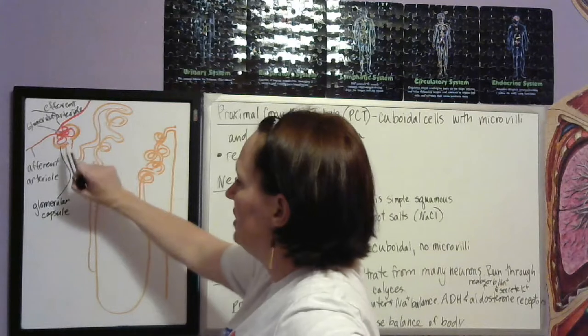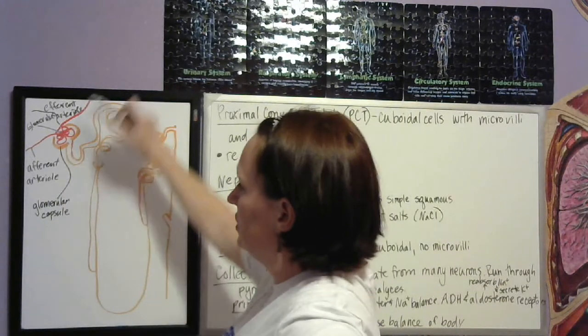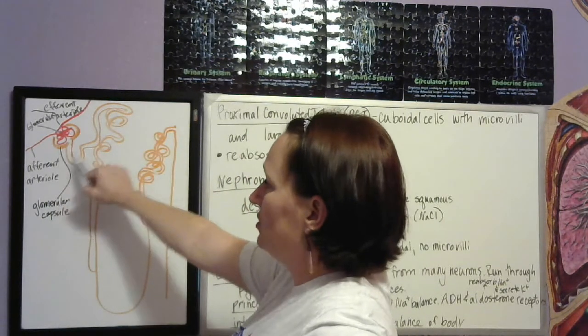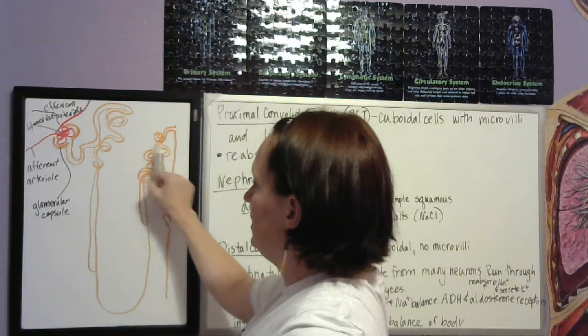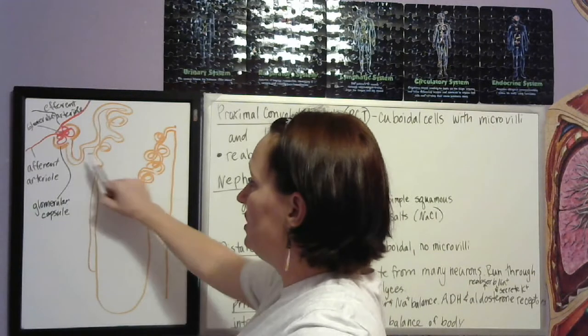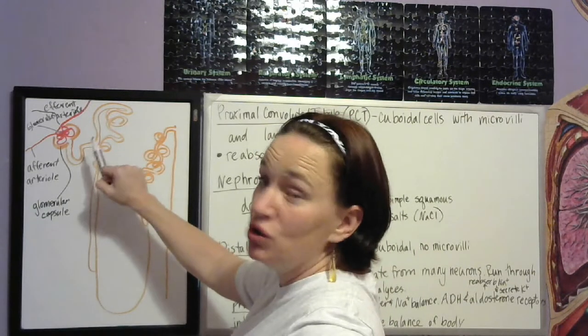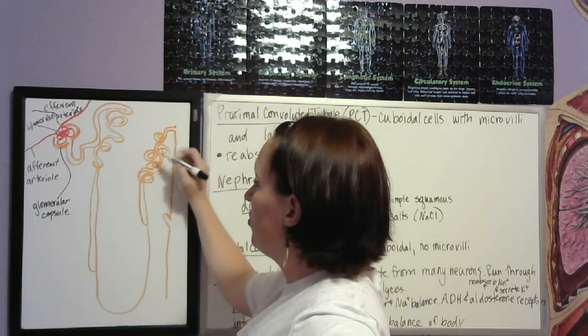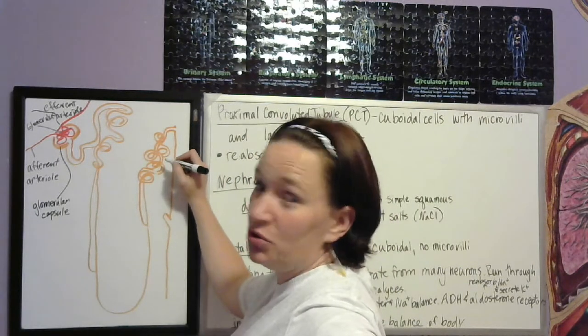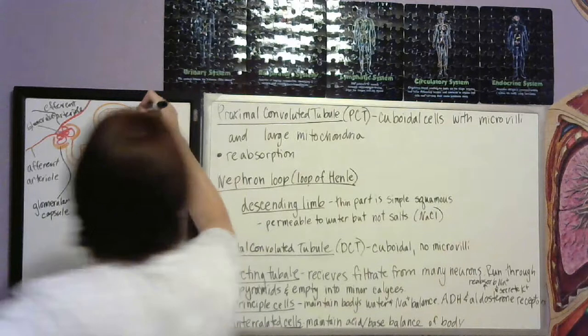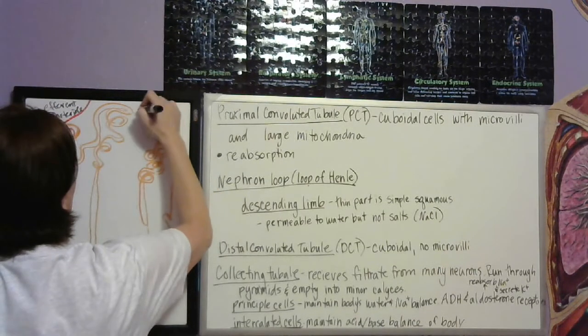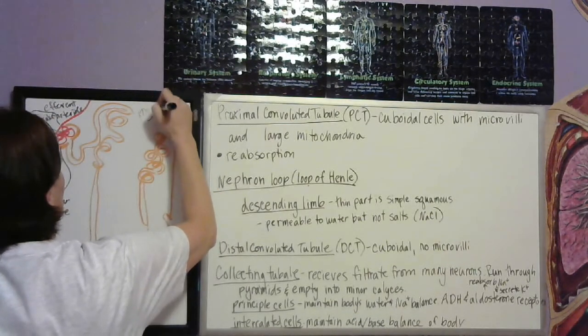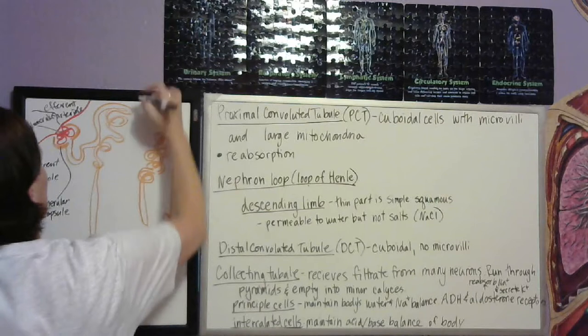Right here, this one is closer to the glomerular capsule, so it is proximal, and this one is farther away. This is your proximal convoluted tubule, or PCT, and farther away you have the distal convoluted tubule, because this is where it starts to get all convoluted again.